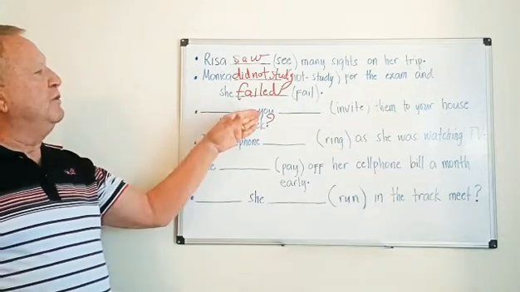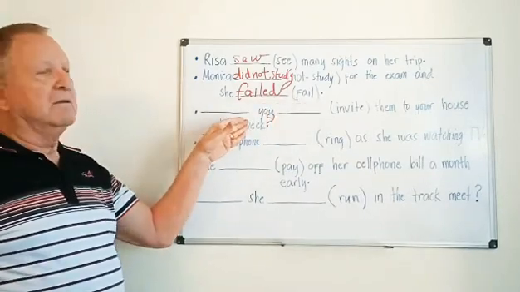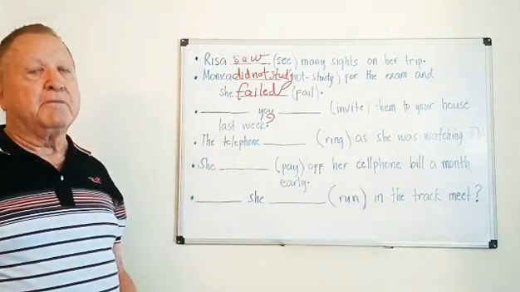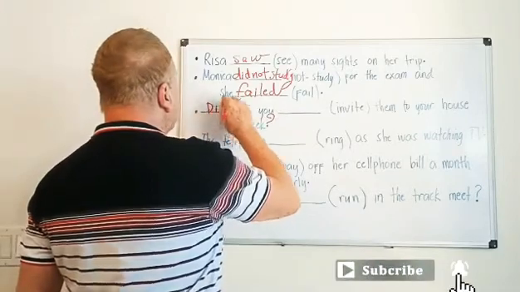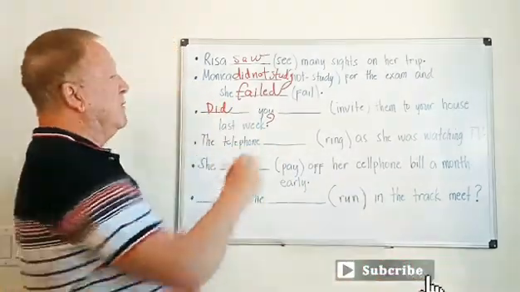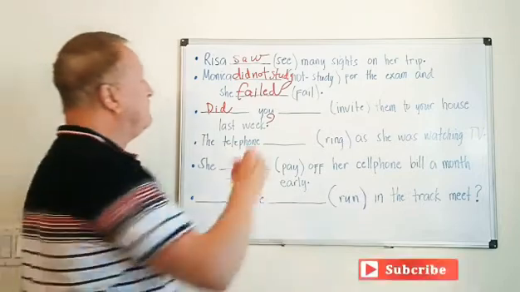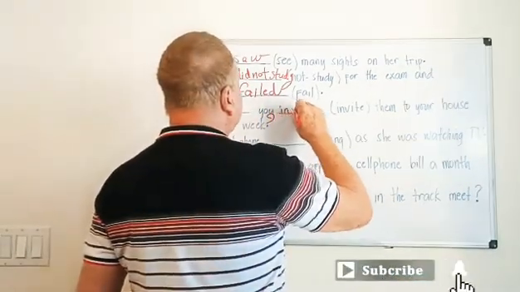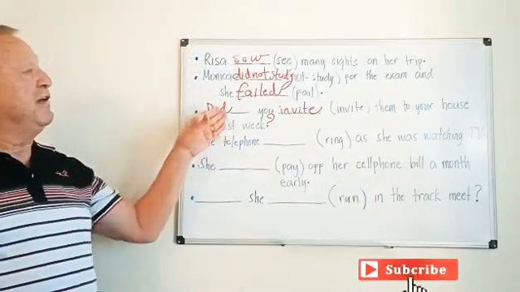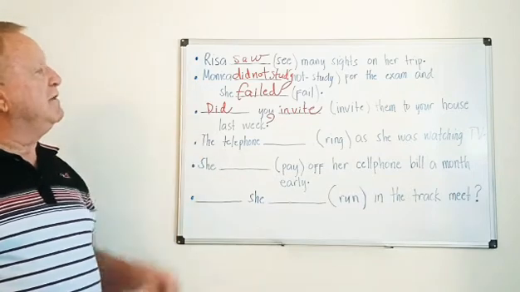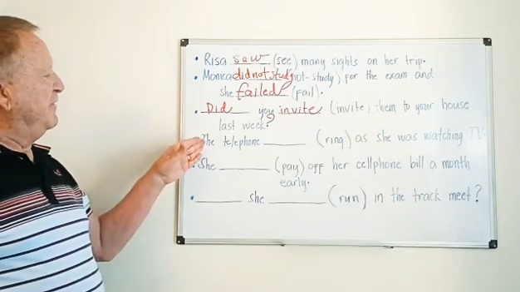Blank, you, blank, invite them to your house last week. It's a question. So we're going to put did you. We're not going to change the form of the verb since it's a question, just like if it's a negative. Did you, we don't say invited. Did you invite them to your house last week? The next sentence.